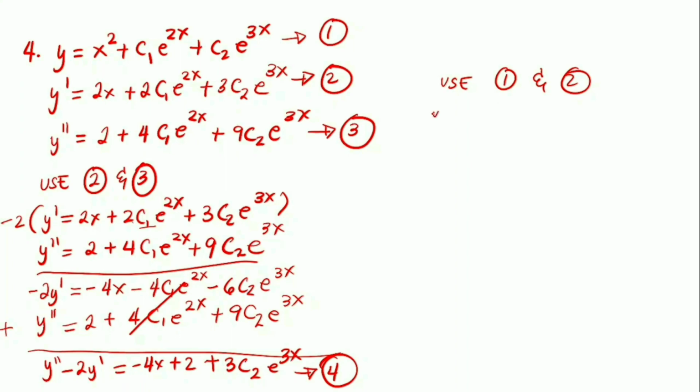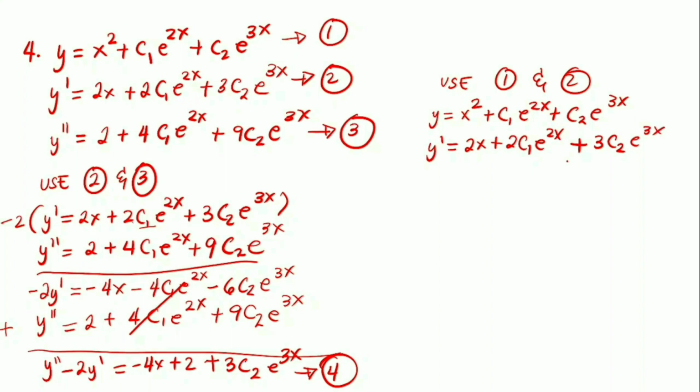The equation 1 natin is equals to x squared plus c sub 1 e raised to 2x plus c sub 2 e raised to 3x. Again, the equation 2 natin is y prime is equals to 2x plus 2c sub 1 e raised to 2x plus 3c sub 2 e raised to 3x.